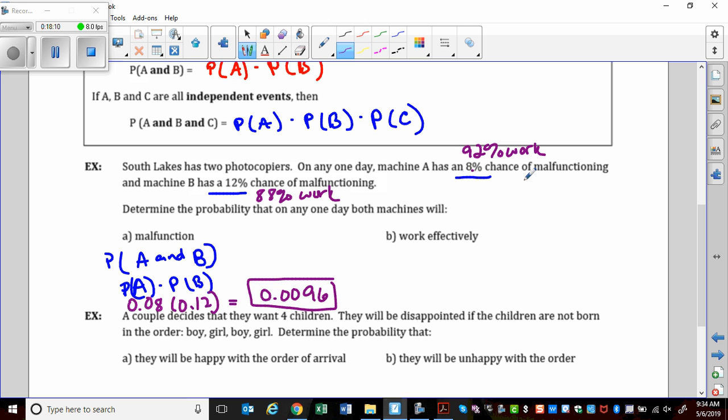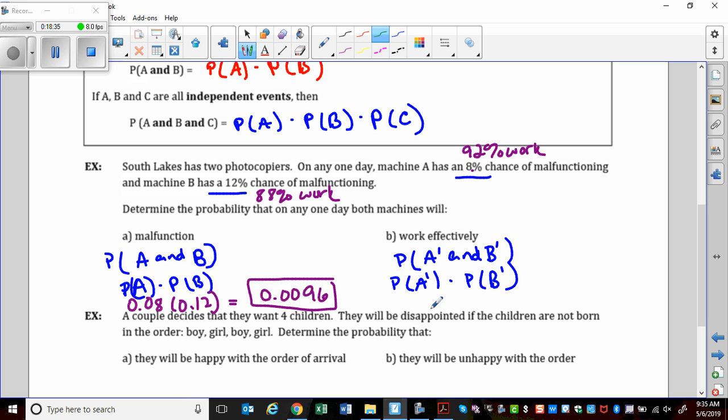So working effectively is the complement of not working. So the probability of the complement of A and the complement of B is the probability of the complement of A times the probability of the complement of B, or the opposite of B. So we actually have to subtract them from one individually, and then multiply them.